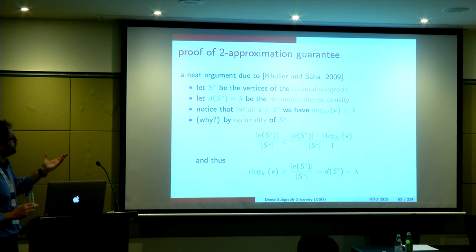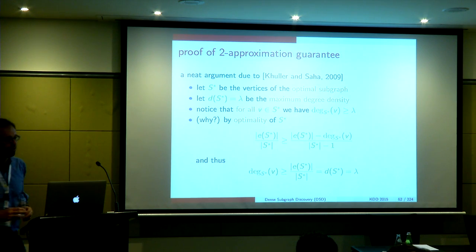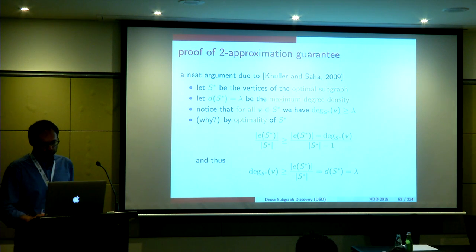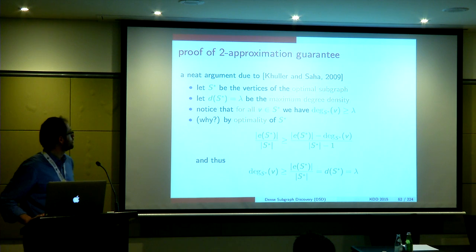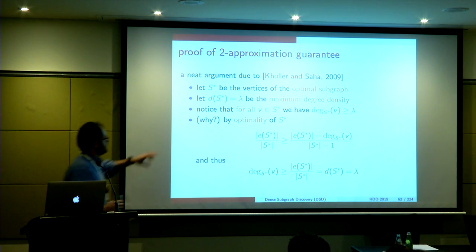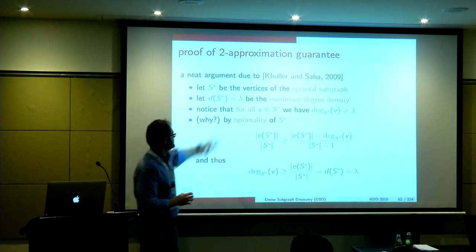Okay, so what we are going to prove is that this algorithm gives you a factor 2 approximation guarantee. Okay, let's see why this works. So this is the argument by Charikar and Saha. So let's say that S star is the vertices of the optimal solution, and let's say that the maximum degree density is equal to lambda.